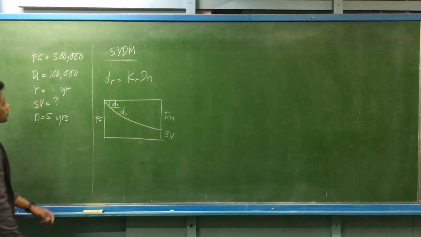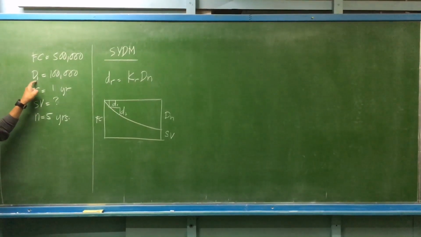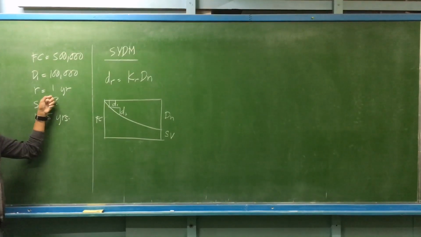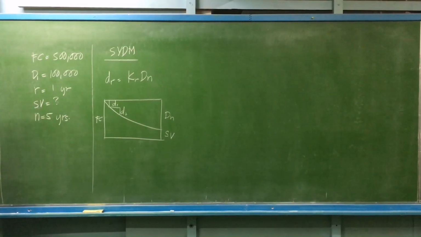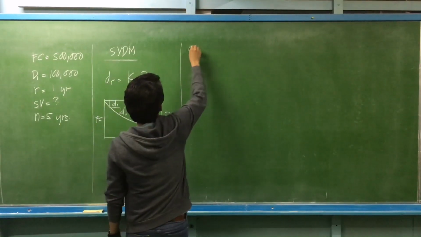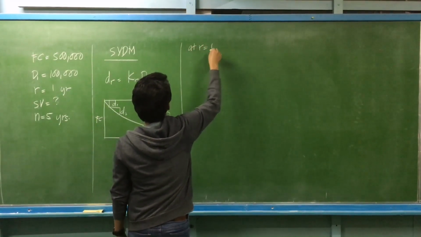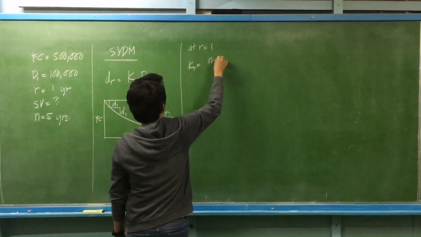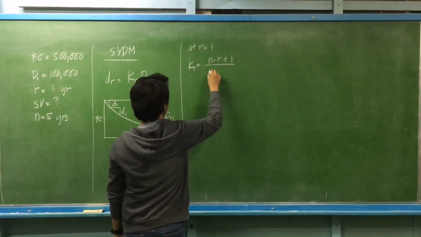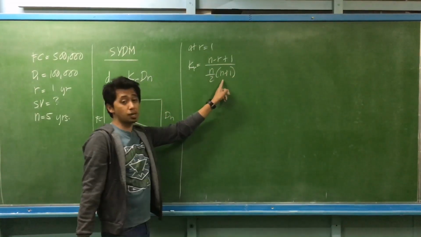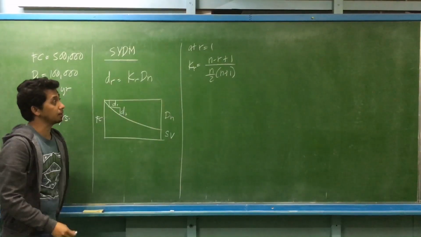Okay? So pwede na naman natin i-consider yung D1, that is the same as the first depreciation, assuming R is equal to 1. So hinahanap natin yung salvage value. Okay? So we have at R is equal to 1. Paano kumuha ng rate of depreciation? This is K sub R. We have N minus R plus 1 divided by N over 2 times N plus 1. Or arithmetic sum lang up to N yung denominator.